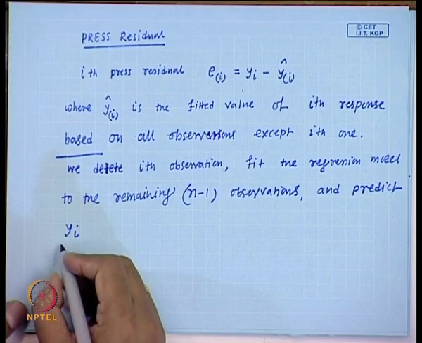But it can be proved that you do not need to repeat this process n times to get the n PRESS residuals. It can be done based on one regression fit based on all the observations.